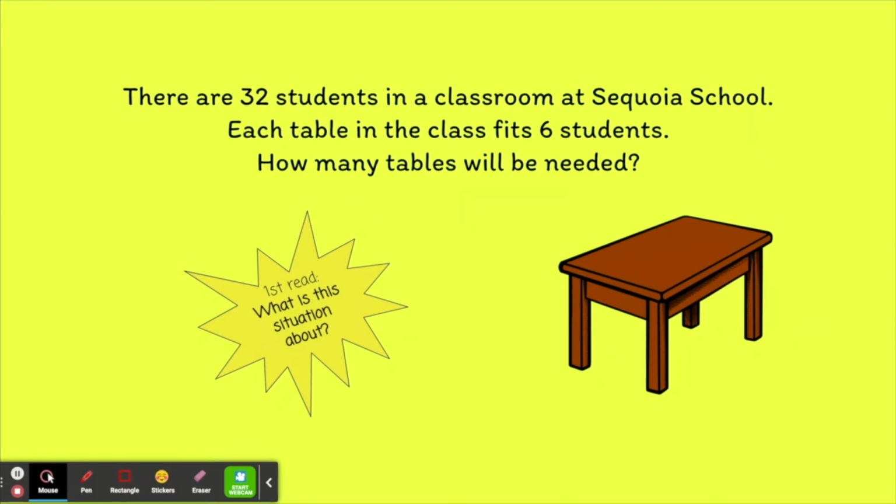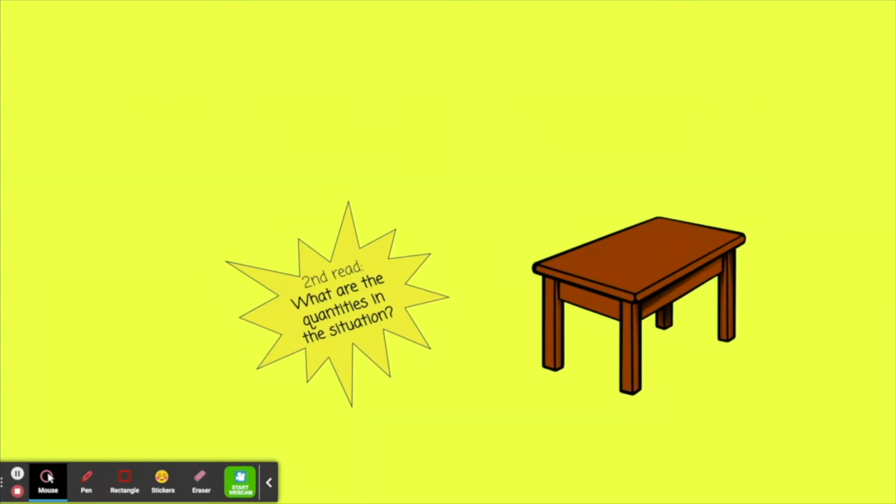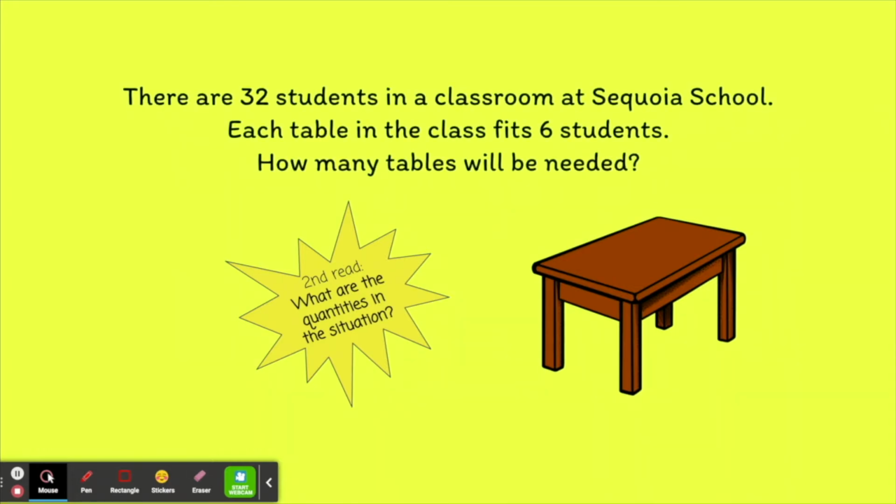All right, so let's move to our second read. What are the quantities in this situation? There are 32 students in a classroom at Sequoia School. Each table in the class fits 6 students. How many tables will be needed? What are the quantities, which are those numbers in this situation? The quantities are 32 students, and we know that each table fits 6 students.